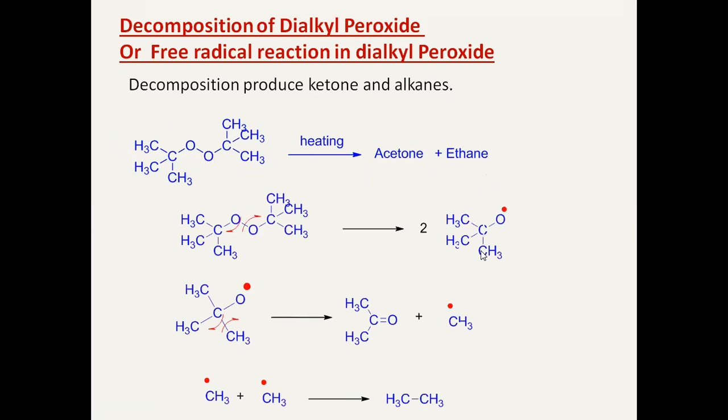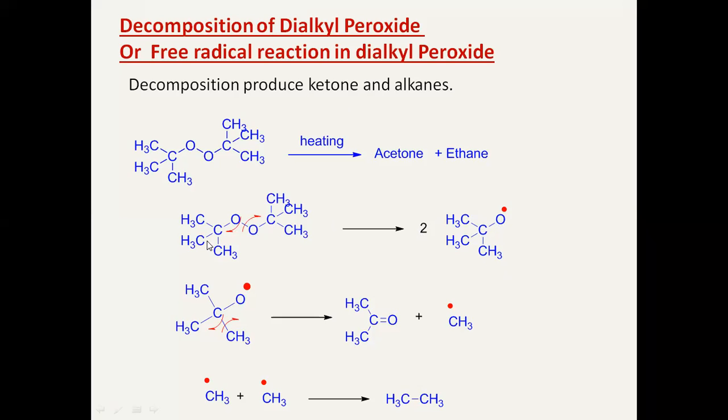The mechanism is very interesting again. Always remember, the peroxide linkage is a very weak linkage and undergoes breakage easily. This bond breaks with the generation of radicals, tertiary butoxide radicals, two of them.